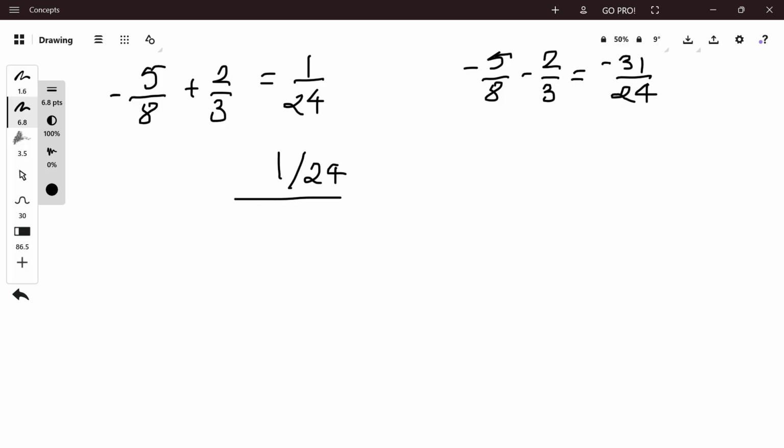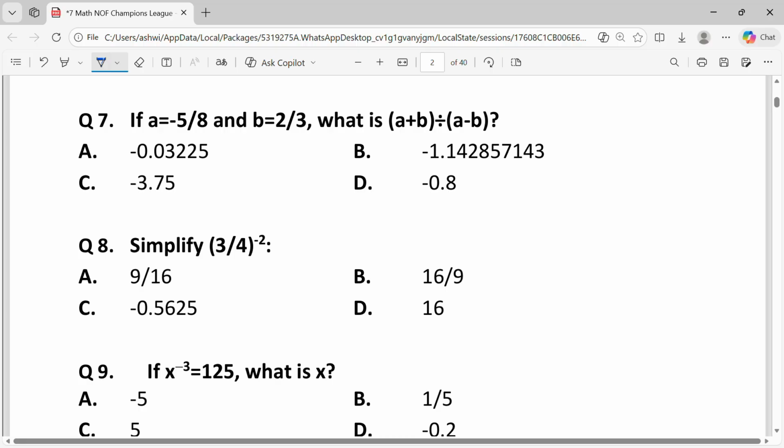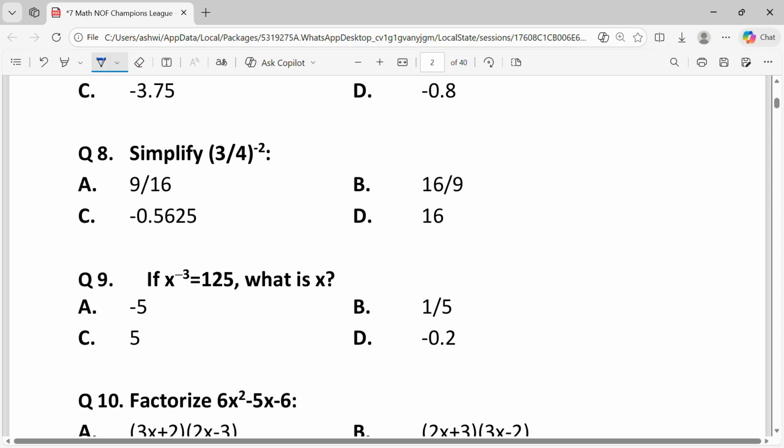Dividing A plus B by A minus B, that is 1 upon 24 upon minus 31 by 24, that is equal to minus 1 upon 31, that is equal to minus 0.03225. Comparing with the given options, the answer is A, minus 0.03225.